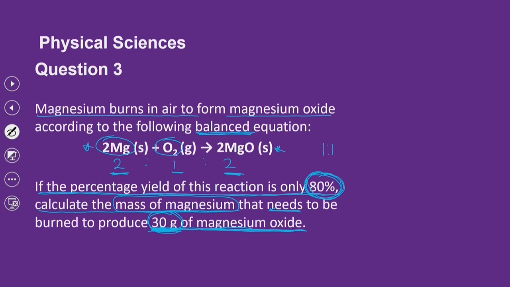What we've calculated is how much magnesium is needed to produce 30 grams of magnesium oxide. But the percentage yield is 80. So we need to know, if 18 grams is producing 80%, how much do we need to produce 100%? Let's rewrite that quickly.